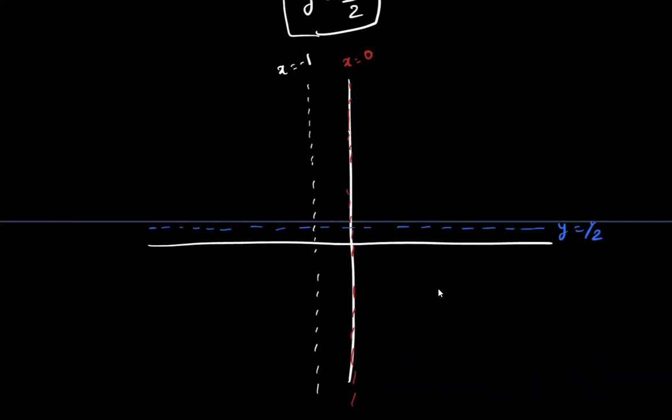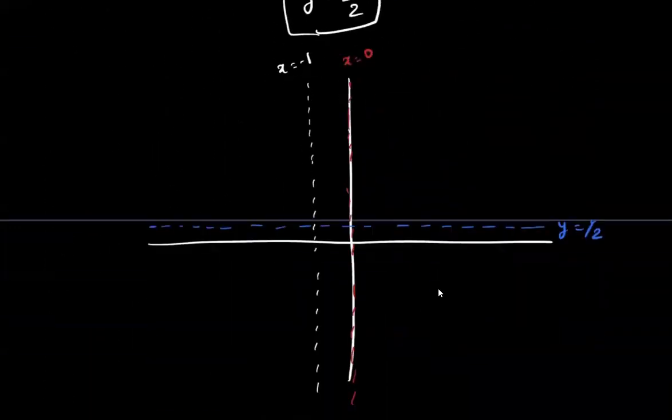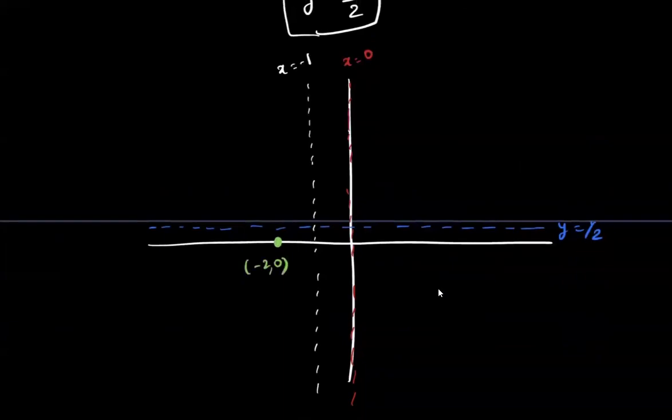I have x-intercepts at -2 and +2. So -2 is probably somewhere here, and +2 is somewhere here. This is all I have so far.